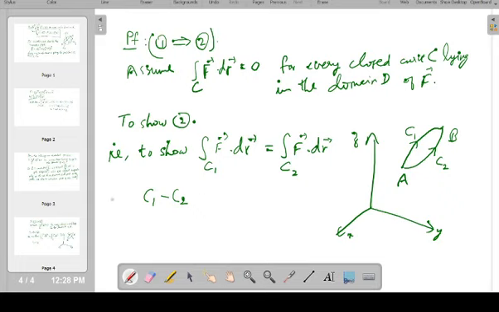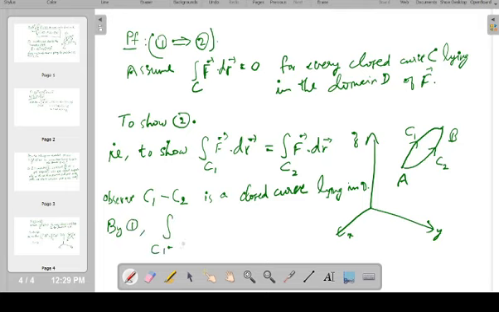So observe, C1 minus C2 is a closed curve lying in D. Now we use 1. By 1, or by assumption, integral over C1 minus C2 of f dot dr must be equal to 0.